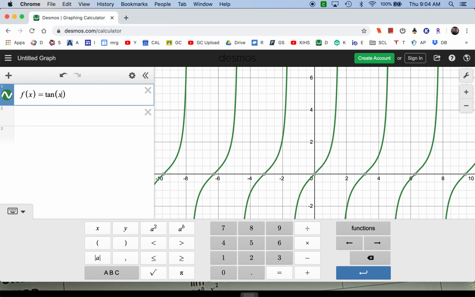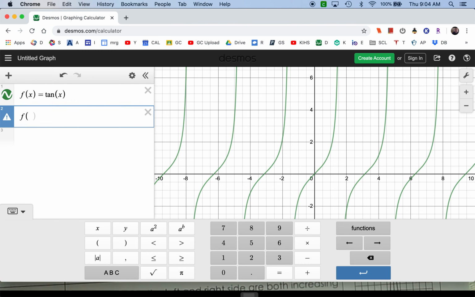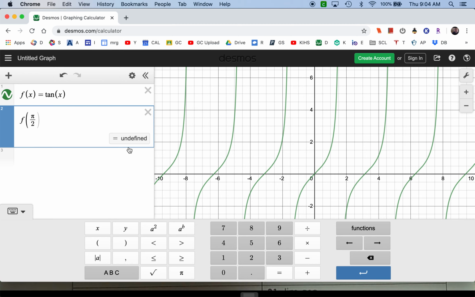And then what happens at pi over 2? So let's look. I see a bunch of asymptotes there. So I'm going to type in pi over 2 here. And just know that at pi over 2, tangent is undefined.